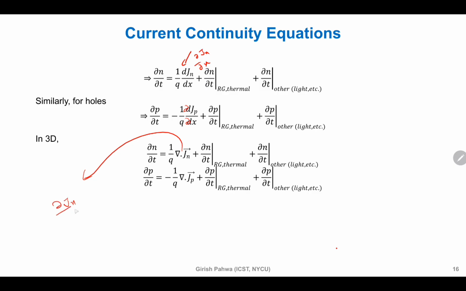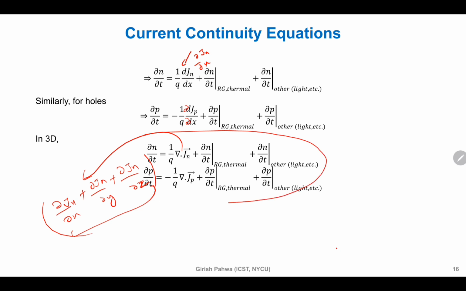It is del Jn by del x plus del Jn by del y plus del Jn by del z. So you'll have to take care of all 3 dimensions in 3D. Similarly for holes. This is usually what the TCAD does, especially if I am talking about 3D simulation. So let's stop our class here.